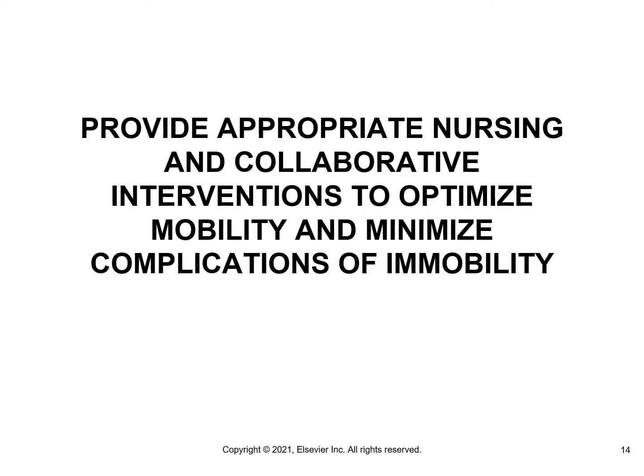So our nursing interventions, and like I said earlier, we have a lot of collaboration in this concept. PT, OT are going to be key disciplines that we will collaborate with. But why do we care about whether the patient is immobile?